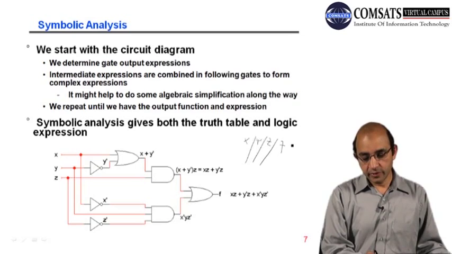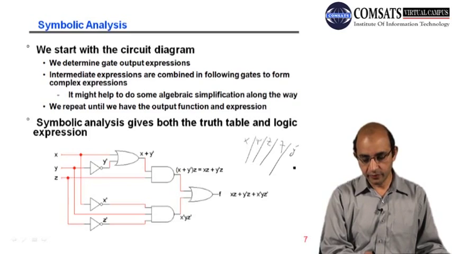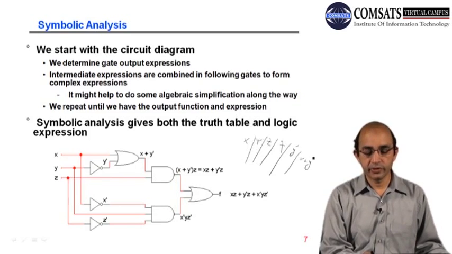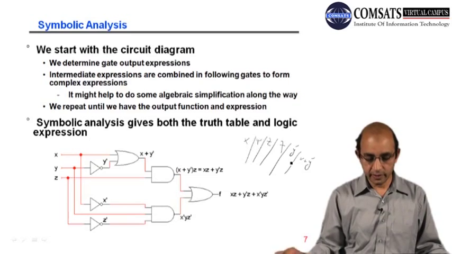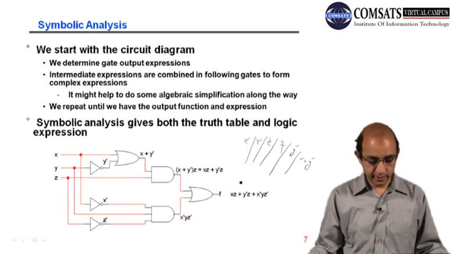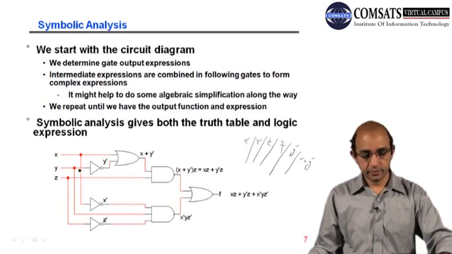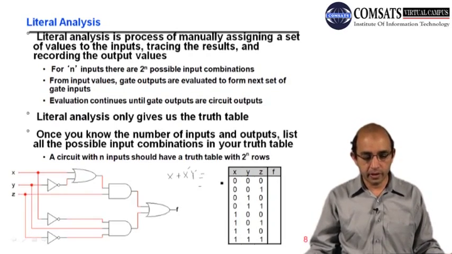So we will be having different combinations. Here you can also have y complement, and you can also have x plus y complement. So you can also have a truth table of the intermediary states. So whenever we are performing literal analysis, we are actually manually assigning a set of values to the inputs.